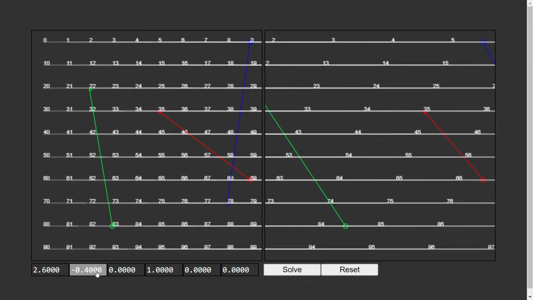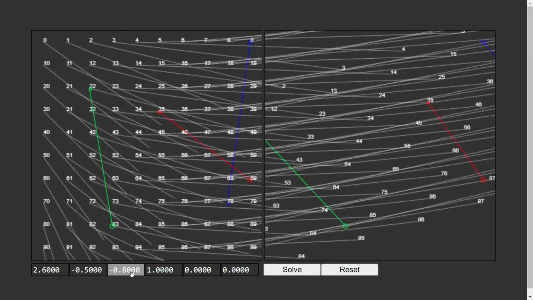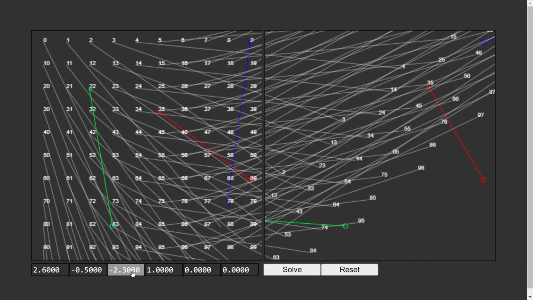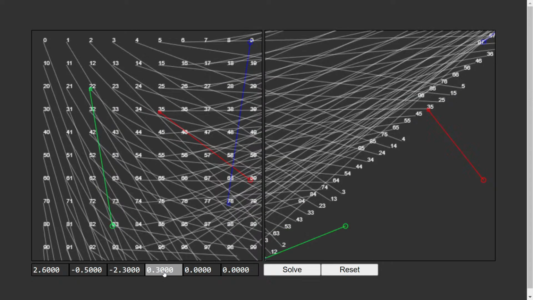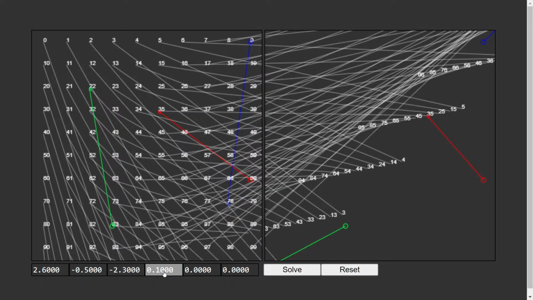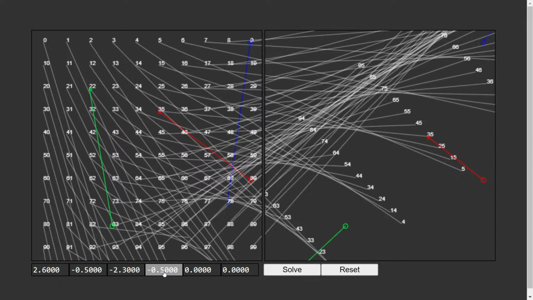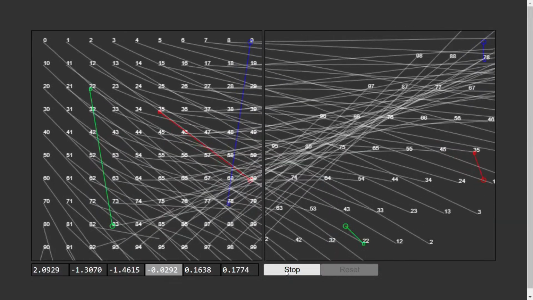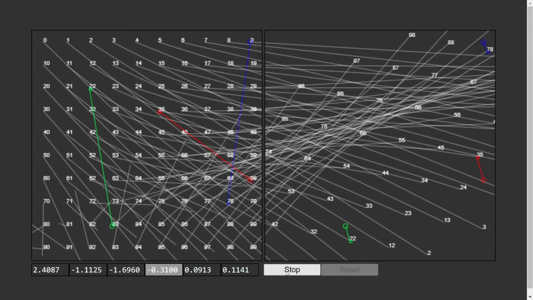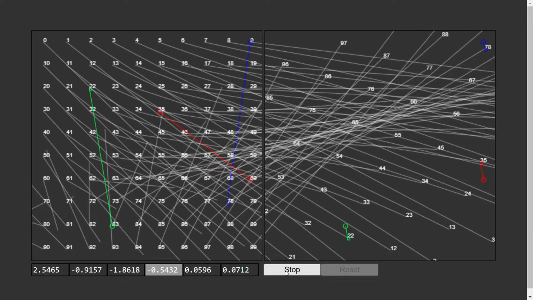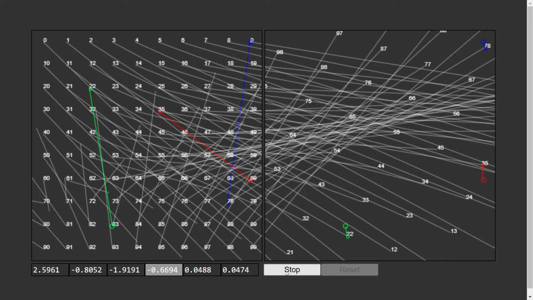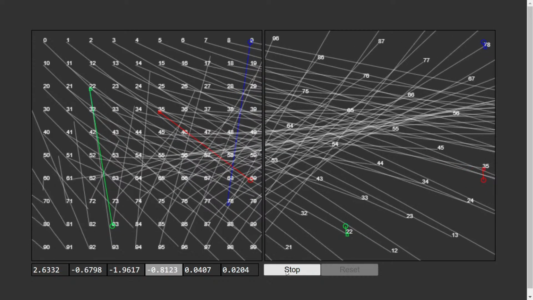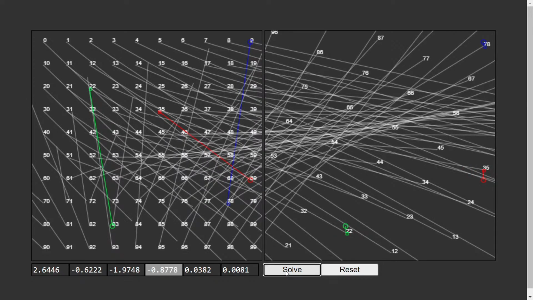Negative 0.5, negative 2-ish, negative 0.5. Okay, yeah, that's not it. Okay, let's just go to a different training set.